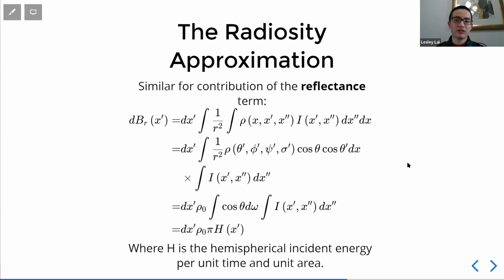And similar for the contribution of the reflectance term, where H is the hemisphere incident energy per unit time per unit area.